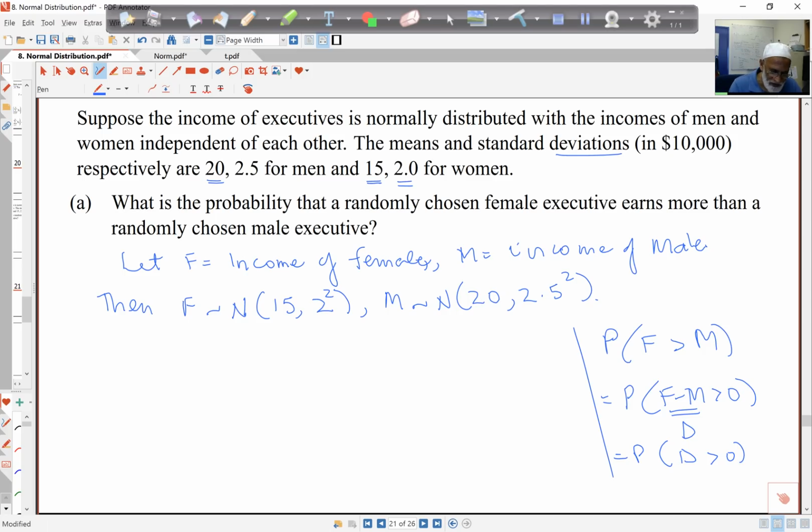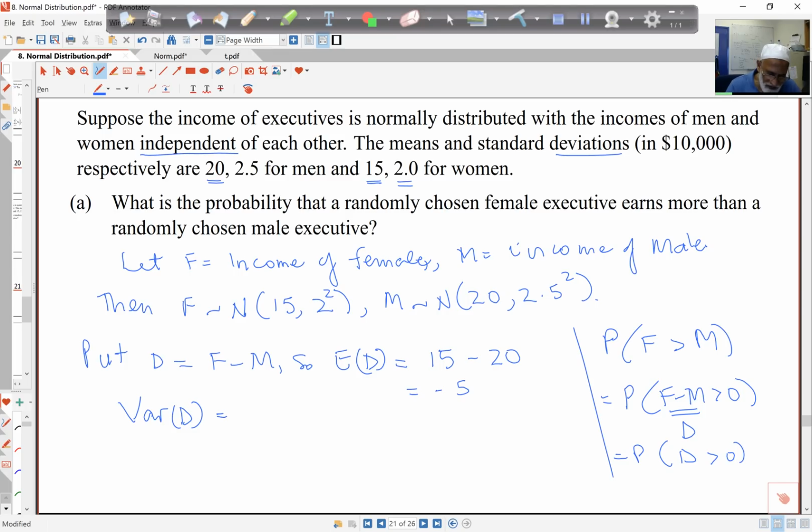Let's see how this works then. So I'm going to put here D equals female minus male. So the mean of D is simply the means subtracted. So mean of the female is 15. Male has mean 20, that's negative 5. And the variance of D, just checking here, independence holds.